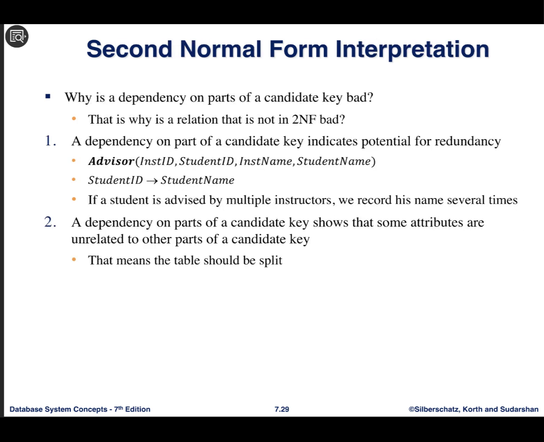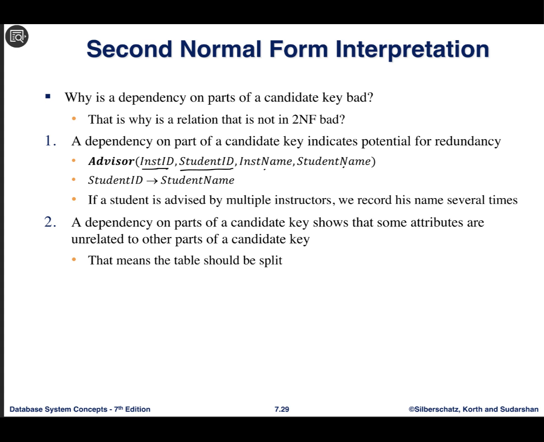First, assume I have an advisor table. An advisor has the instructor ID, student ID, instructor name, and student name. I put this in one table. In the first normal form, there is no composite attribute and no multivalued attribute. Good. But it's not in the second normal form. Why? Because the key that we have is instructor ID and student ID.